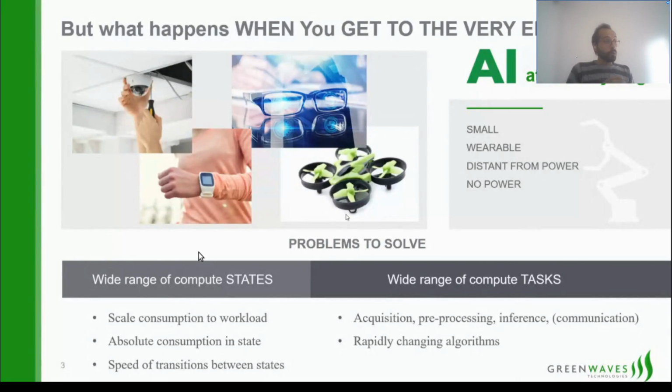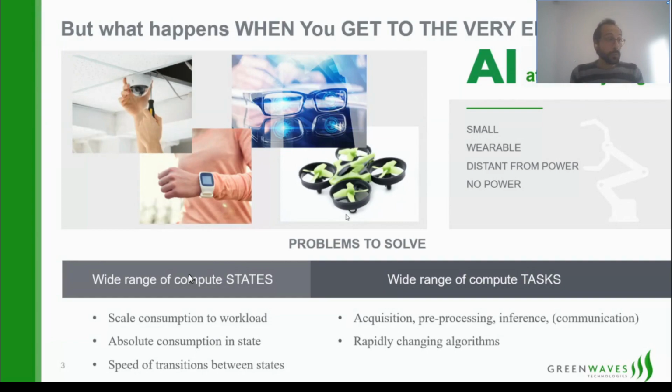We need to have something which is scalable to the consumption workload, so that we can, for example, have a chip that is on when we need it, but when there are parts of the chip that we don't need, we can turn them off, or put them in a sleep state, or turn off the system. We need to have the absolute consumption under control if you want something which is battery powered, and also the speed of the transition between states should be fast. We cannot wait one minute to boot up something.